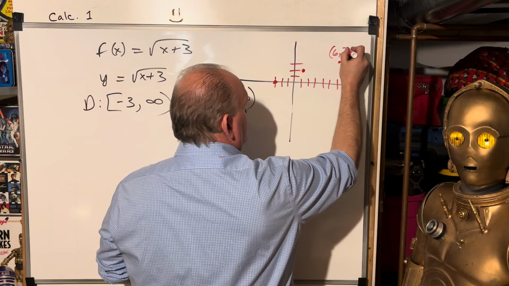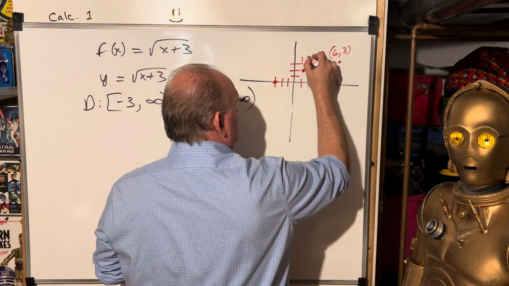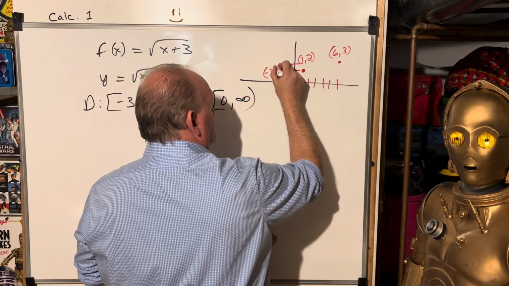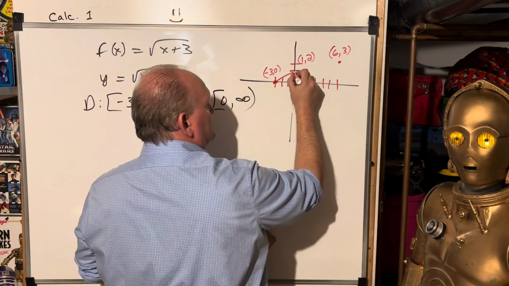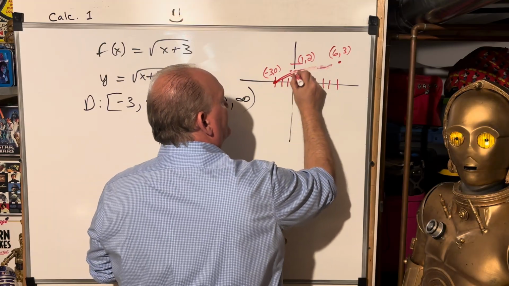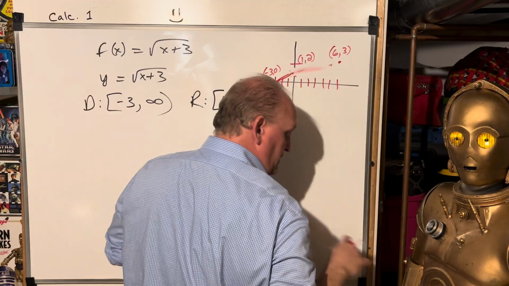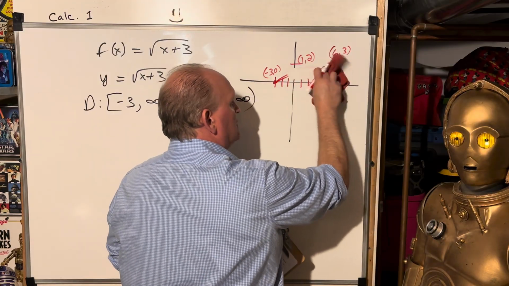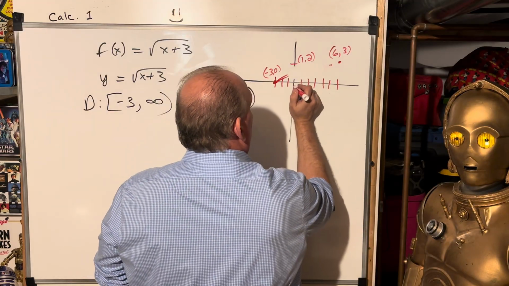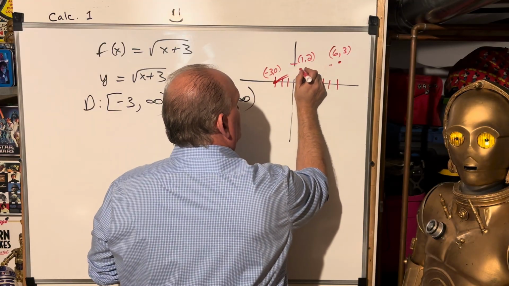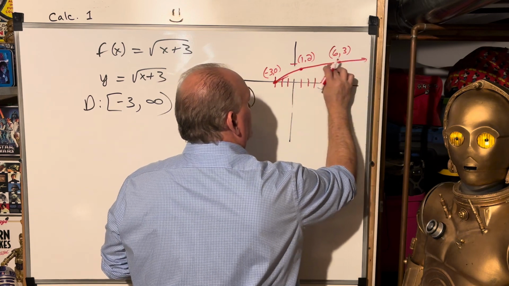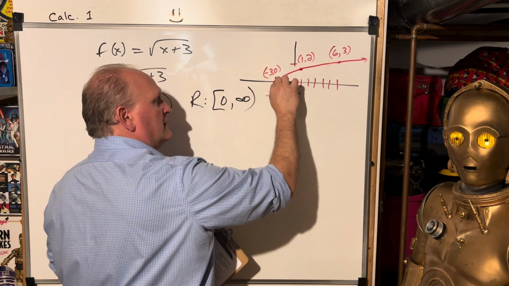So we got (6, 3), we got (1, 2), and we got (-3, 0). So those are our points. It's sort of like half of a parabola. Oh, jeez. I tried to erase it with my fingers and it made it worse. Okay, let's try this again. There you go. There it is.